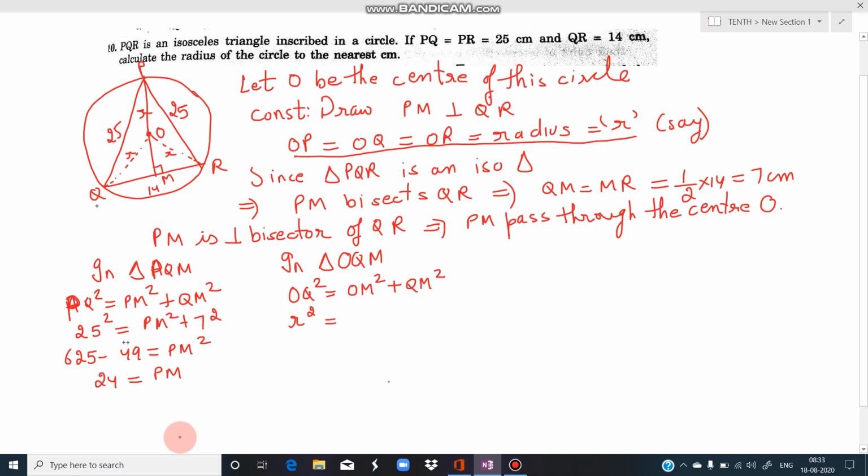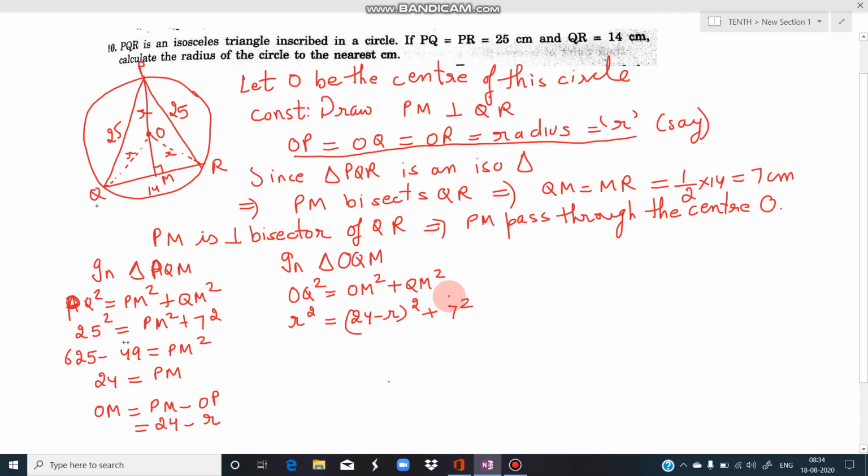What about OM? अब OM की length क्या है? Now see here, I'm writing here. OM is actually PM minus OP. PM की length है 24 and OP is a radius R. Isn't it? So therefore this will be equal to 24 minus R, and QM is 7.